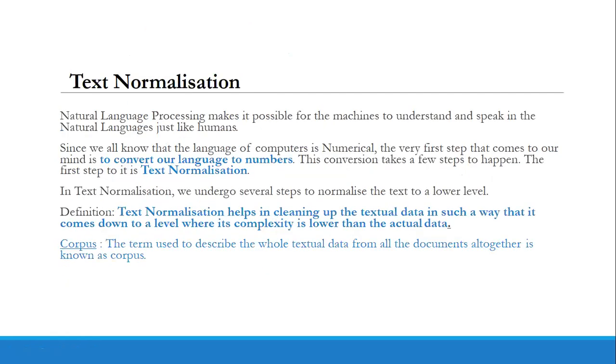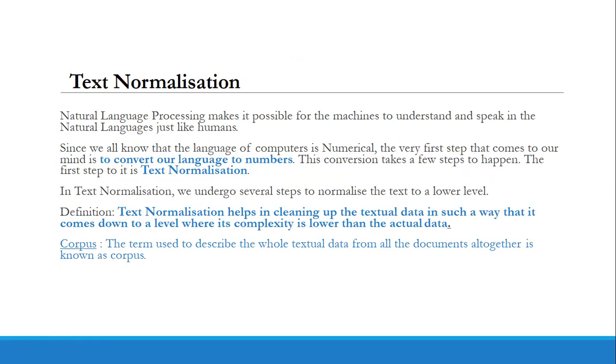Now let us see how our natural language processing makes it possible for the machines to understand and speak in the natural language just like humans. For that, let us see text normalization.